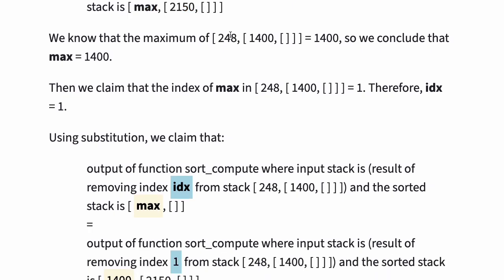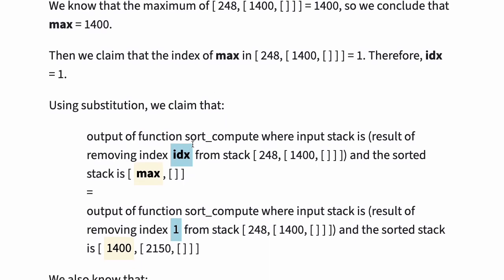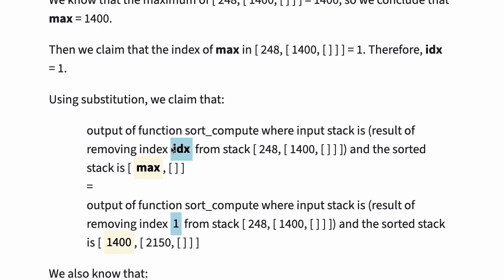We know that the maximum of stack 248, 1400 is equal to 1400, so we conclude that max is equal to 1400. Then we claim that the index of max in the same stack is 1. Therefore, IDX is equal to 1. Using substitution, we can replace IDX with 1 and max with 1400.